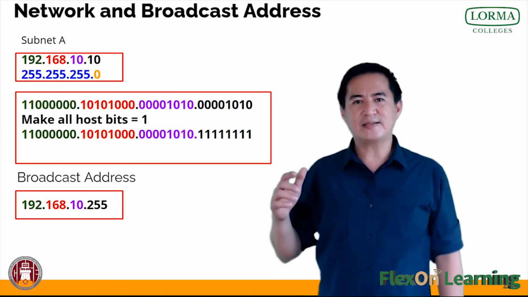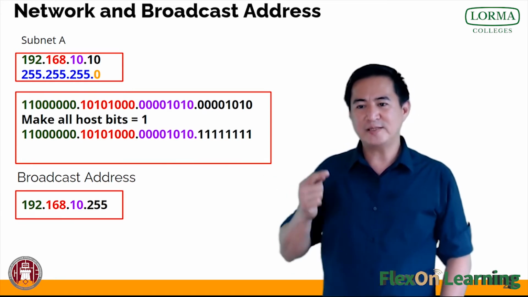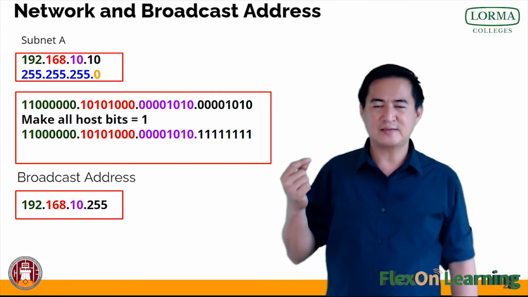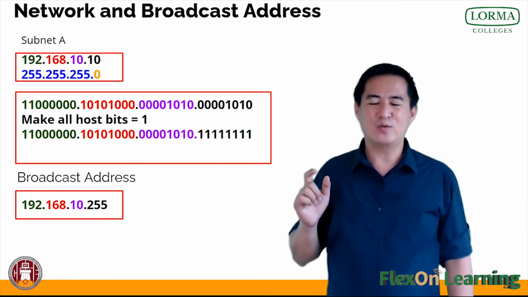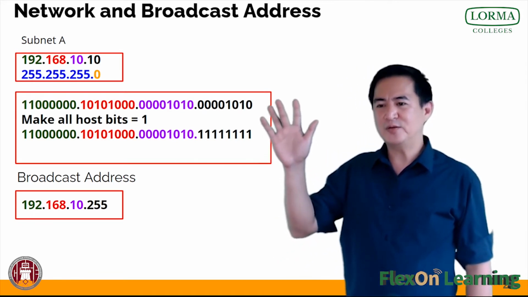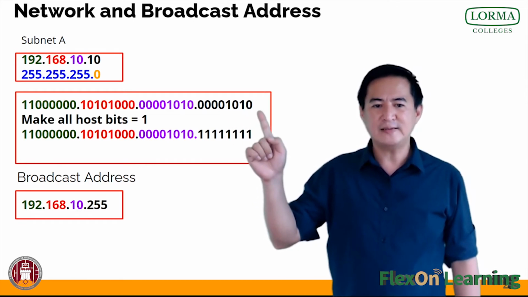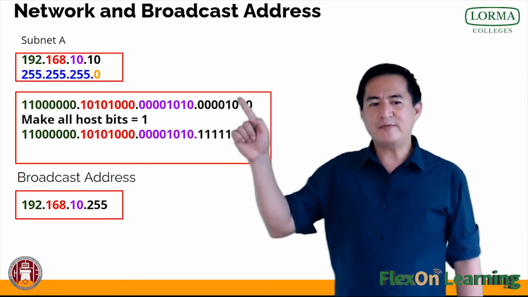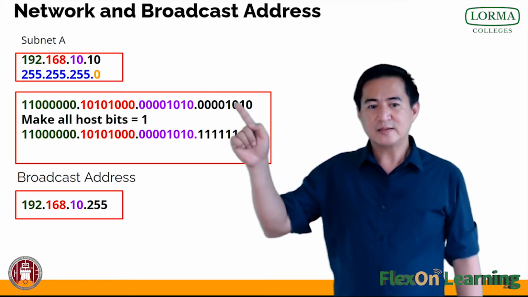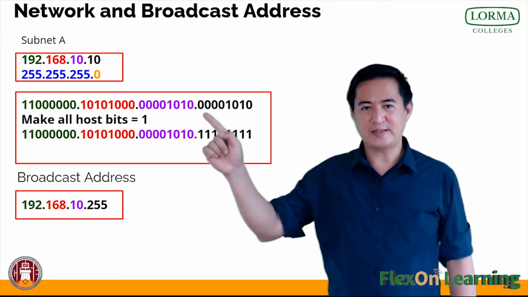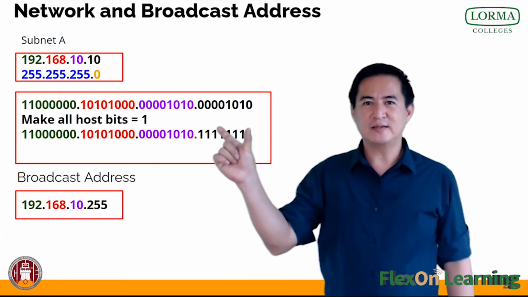The broadcast address is computed similar to the network address. The only difference is, instead of making the host bits 0, we will have to make them 1. So in this example, we'll use the same example that we have previously. We converted them to binary, and then we already have identified that the last octet is the host bits, right? Because this is a class C network. So we know that that is the host bits.